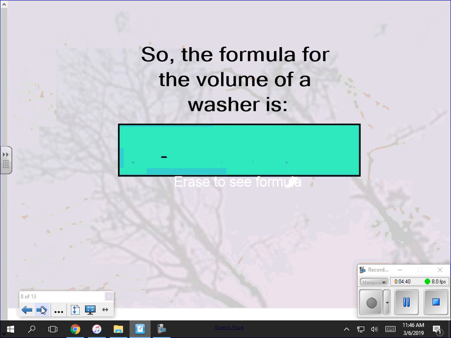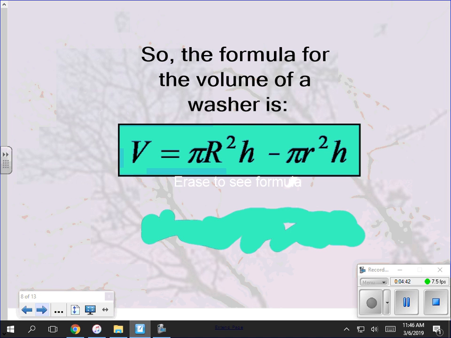So the formula for the washer is this. For that one individual piece that we get, the volume of that one piece is pi big R squared times the height, or the width in this case, minus pi little r squared times the height.